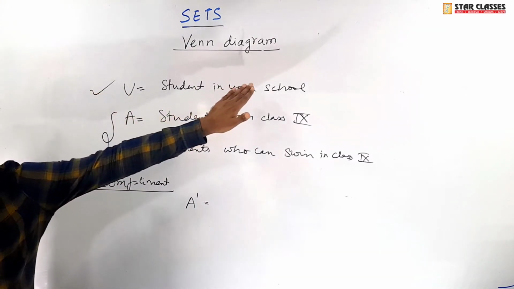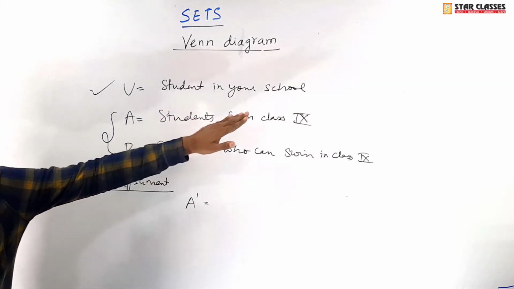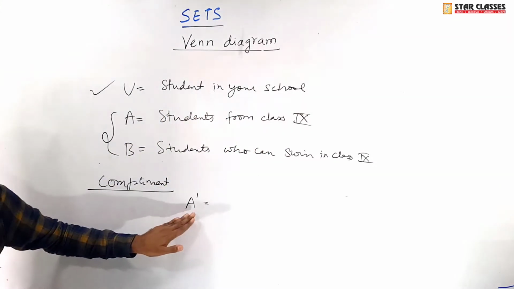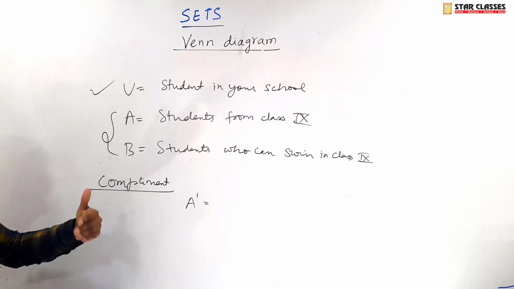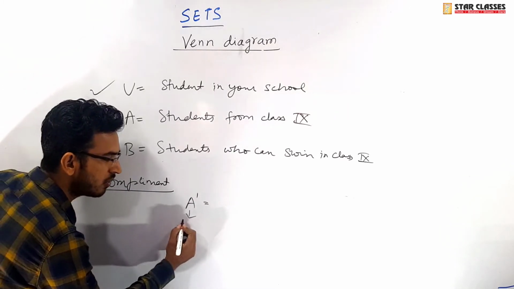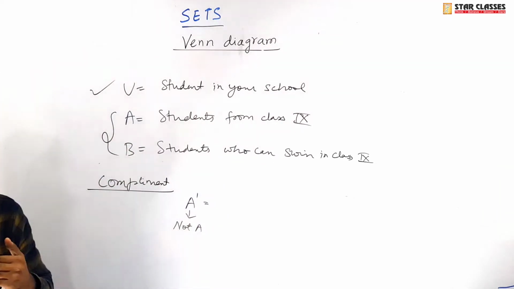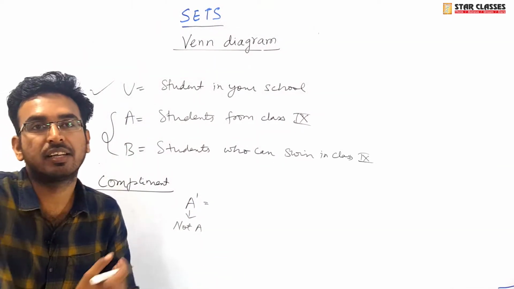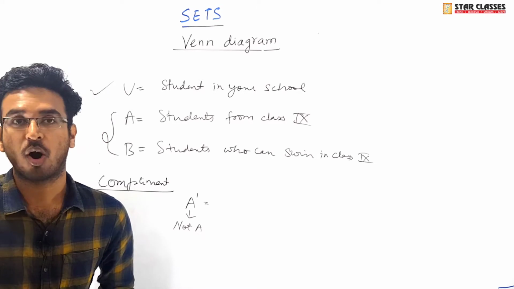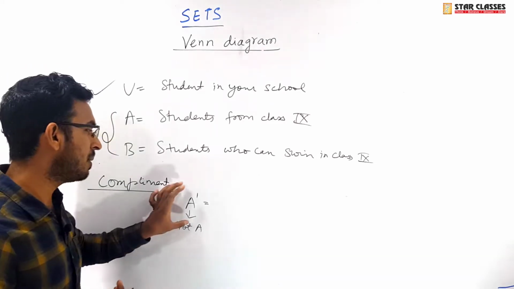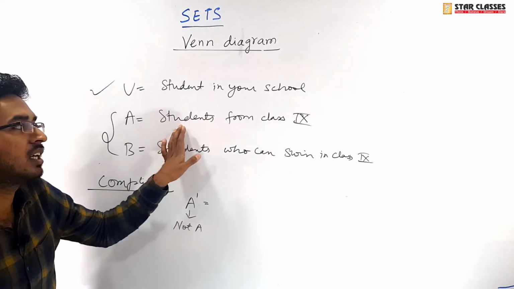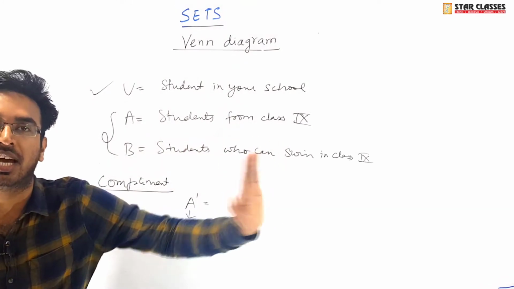Universe is students in your school. A is students from class 9th. So what is complement A? Complement A, in easy terms, is not A. So whatever is not there in A and is there in the universe is known as complement A. So complement A is students who are not there in class 9th.